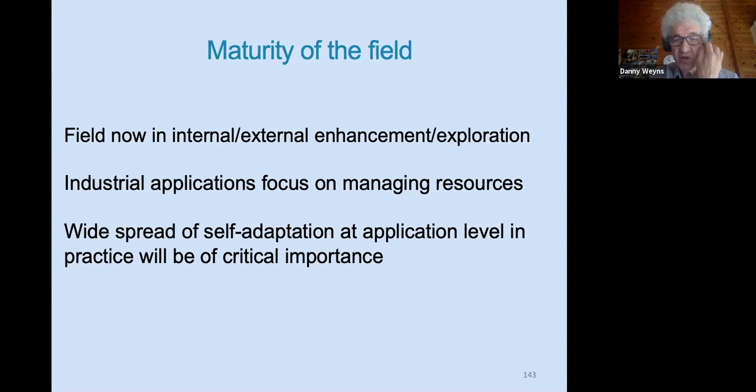And of course, if we want to really exploit the possibilities of self-adaptation, we should also look at higher levels of the software stack, so at application level. For that, we need some widespread application in practice. If we are not managing to do that, self-adaptation will somehow end up in a niche.